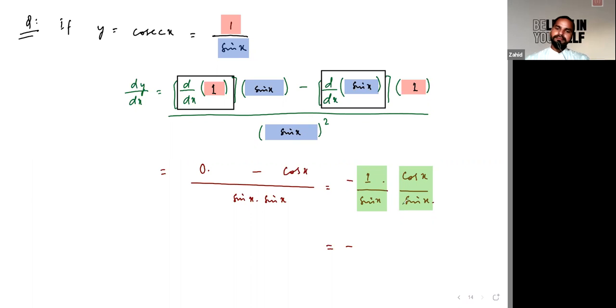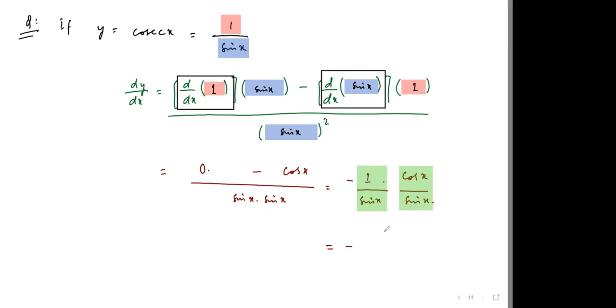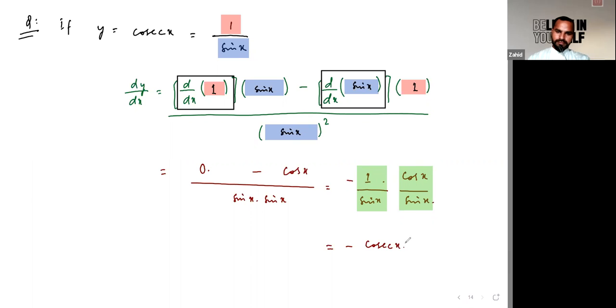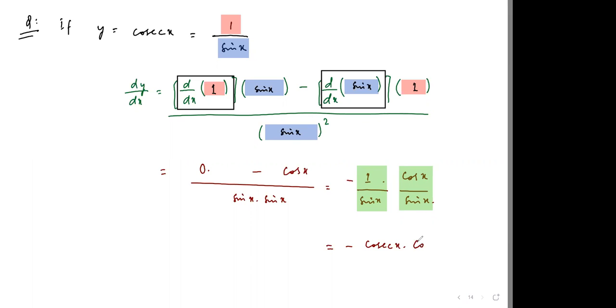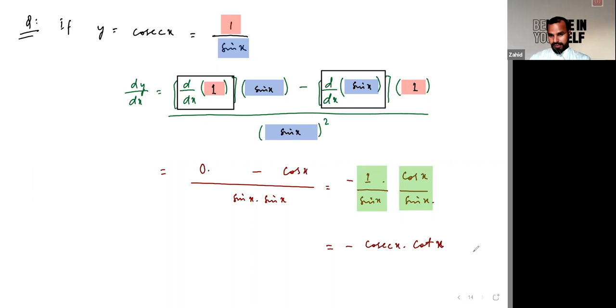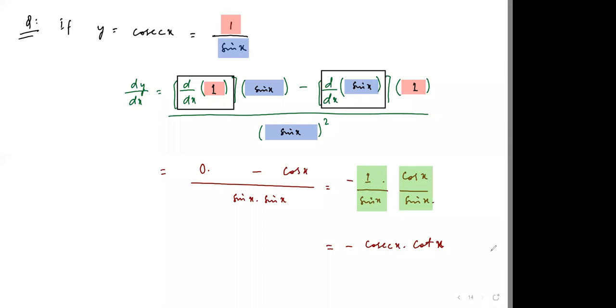Yes, sir. 1 over sine x is cosec x. Good. And cos divided by sine x is cot x. So your final answer would be minus cosec x into cot x as the differentiation of cosec x. Fawaz, is it clear? Yes, sir.